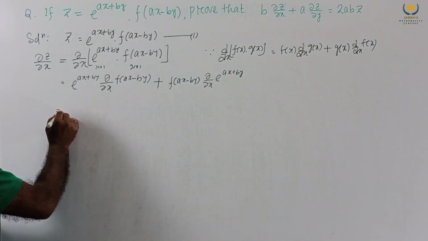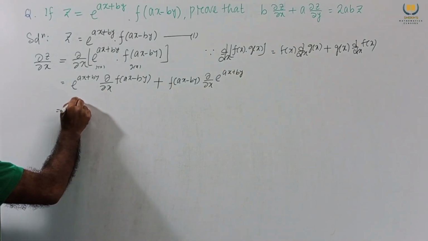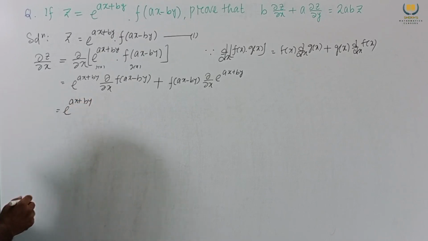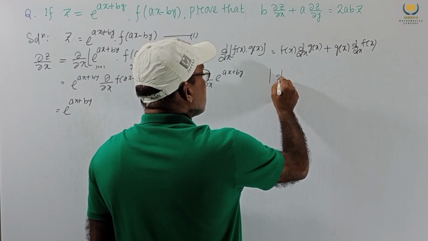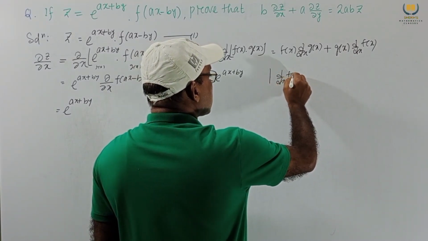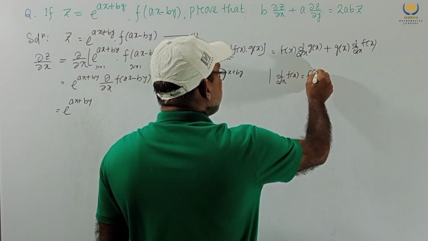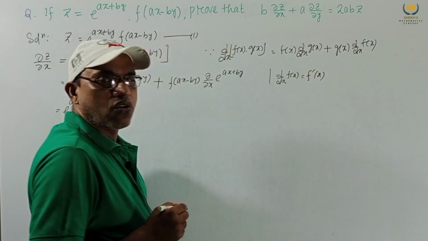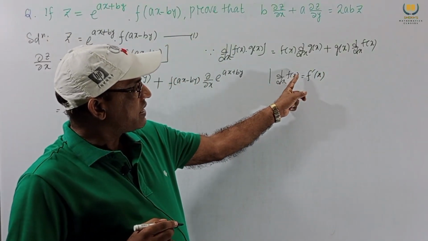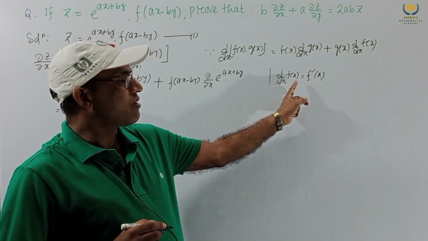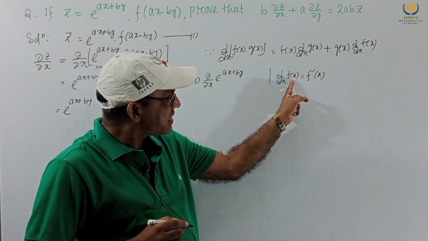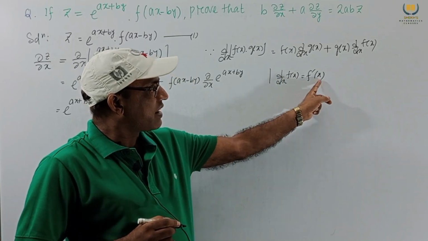This one, e to the power ax plus by, remains same, but this one we know d/dx of f(x) is f dash x. When you get f dash x, if x is the same, then we get f dash x. If it is x, then here must be x, then we get f dash x.